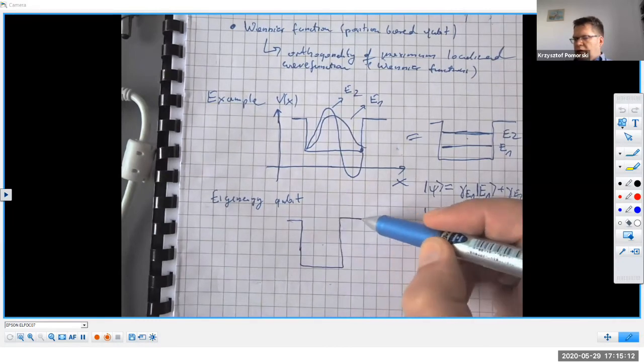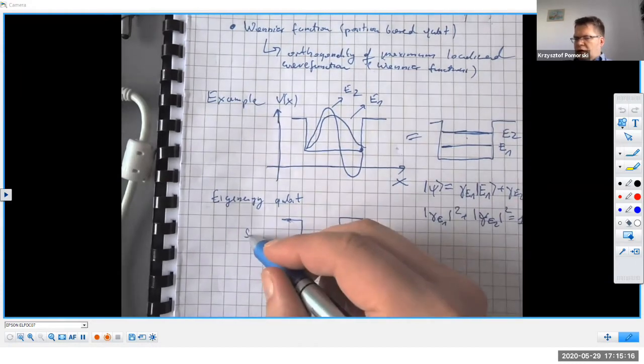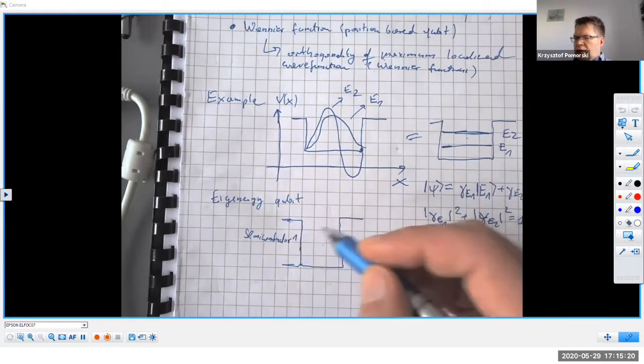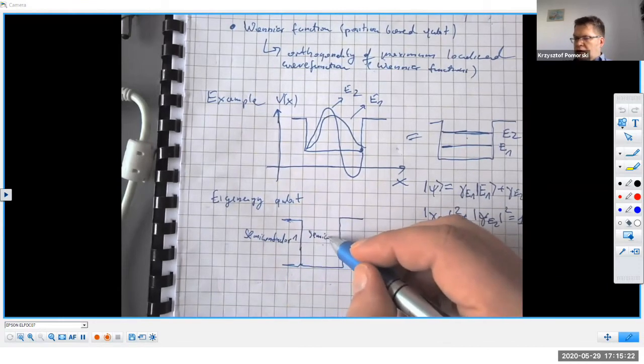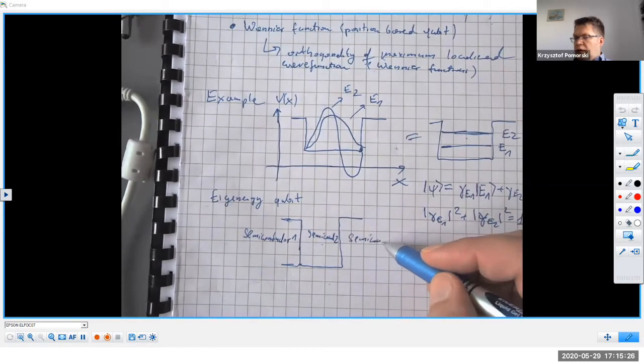So also you can place semiconductor one, semiconductor two, semiconductor one again.